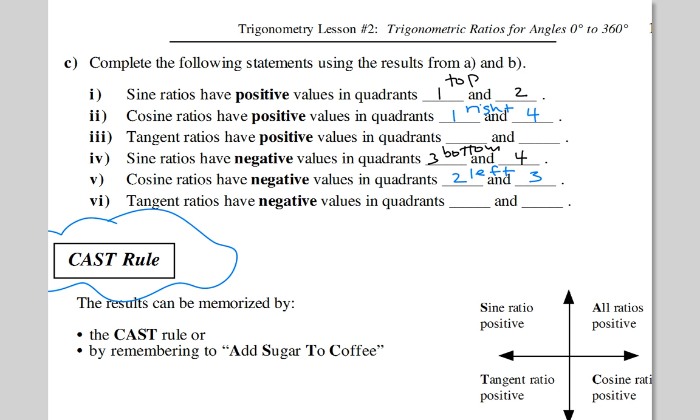And then tangent ratios are positive when they're the same, so 1 and 3. And negative when the signs are different, so 2 and 4. And the reason we need to know the CAST rule is for trig equations. You have to use the CAST rule for trig equations.